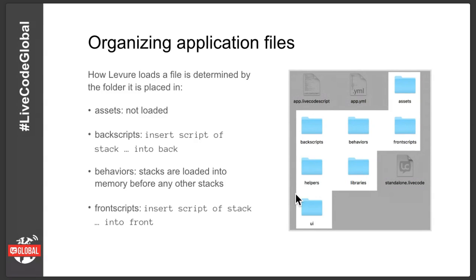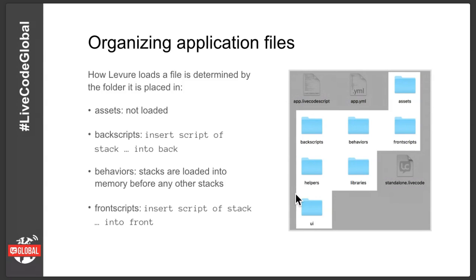So in the screenshot on the right, I've highlighted the folders that you saw in that video. These are the folders where, by default, you can place files. Now, Levure loads files differently based on where you put them. For example, if you put any files in the assets folder, those aren't going to be loaded at all.